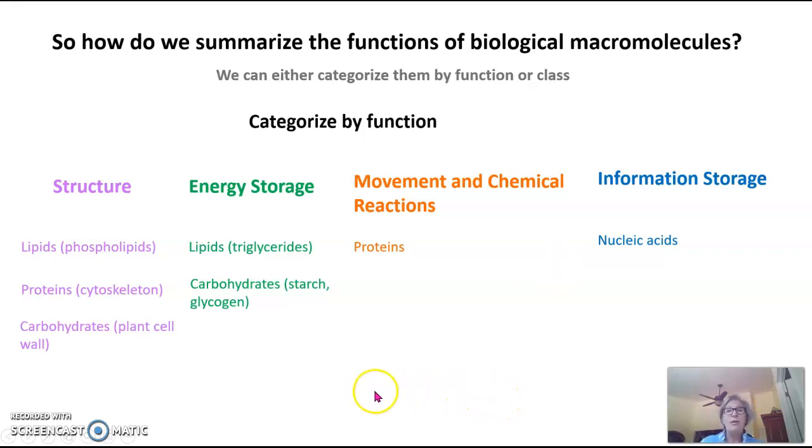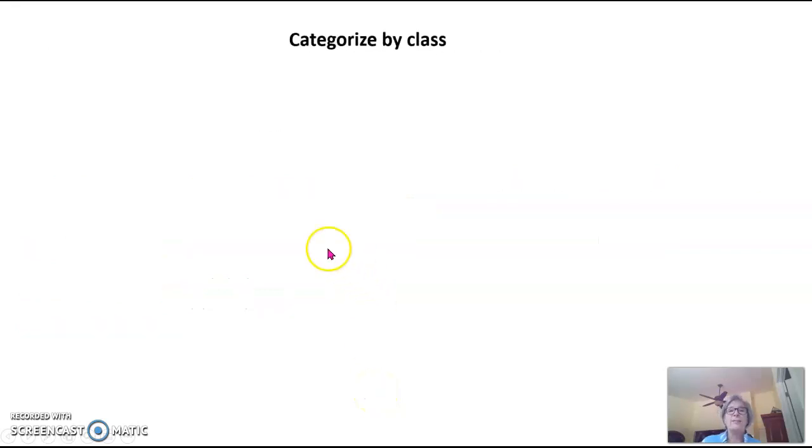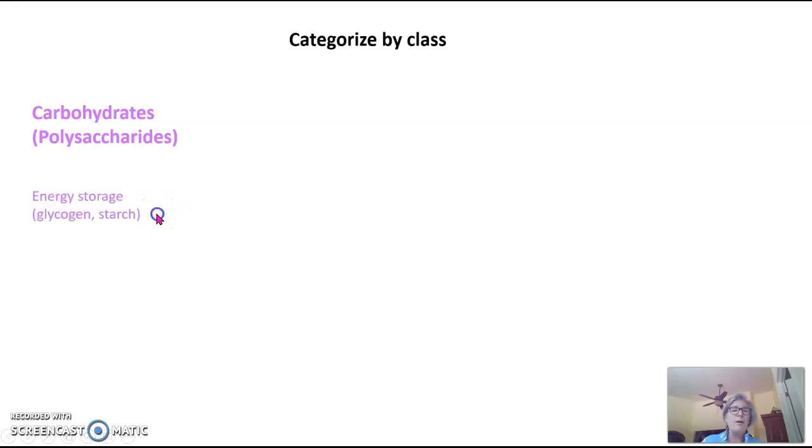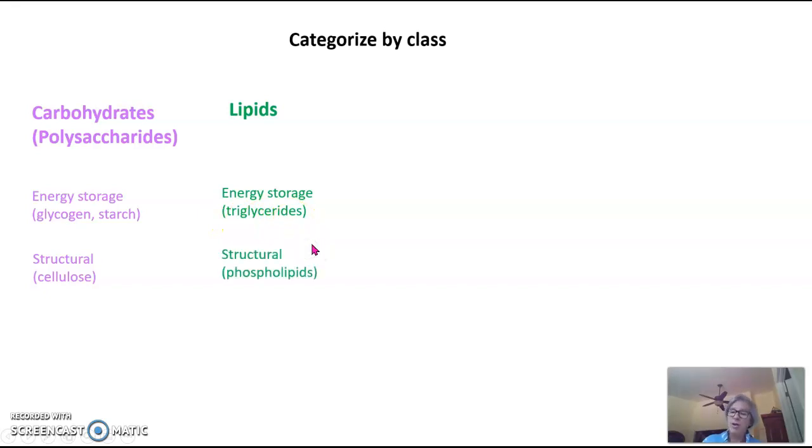So how about now if we look at it by categorizing by class? If we just look at carbohydrates, and again, I'm specifically talking about polysaccharides, they function in energy storage. That's the role of glycogen and starch, but they can also be structural, such as cellulose in our plant cell wall. What about lipids? Lipids can function in energy storage, as are triglycerides, but they can also be structural, the phospholipids in all cell and organelle membranes.